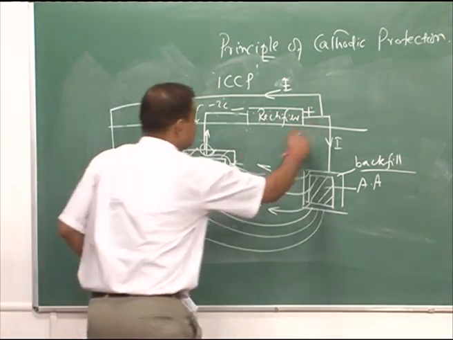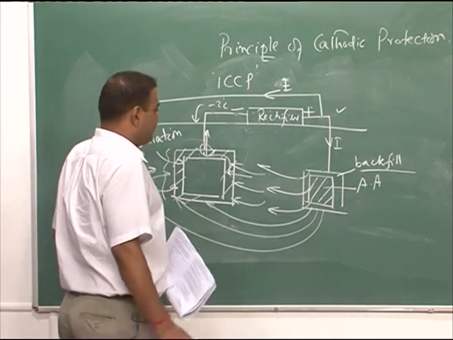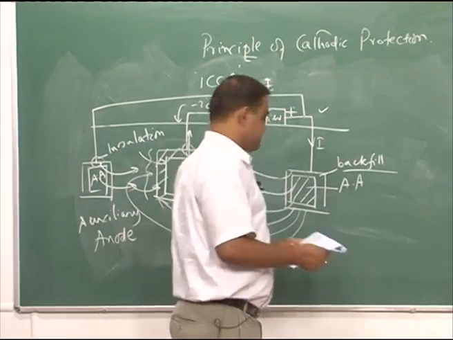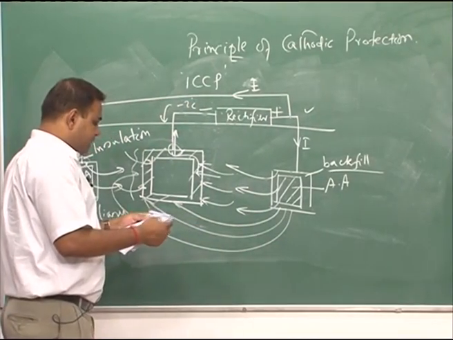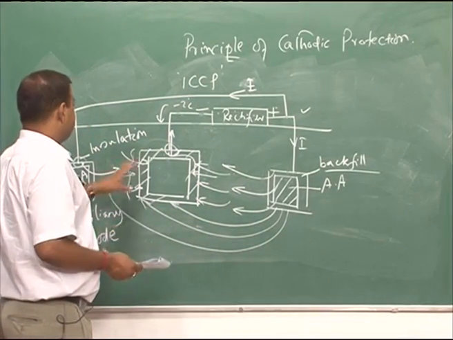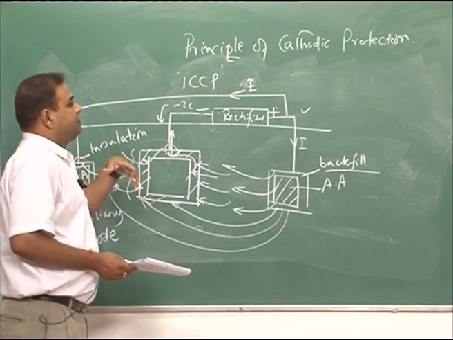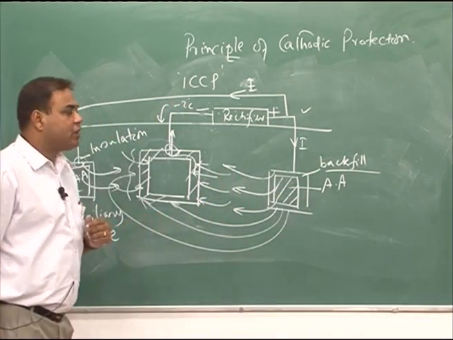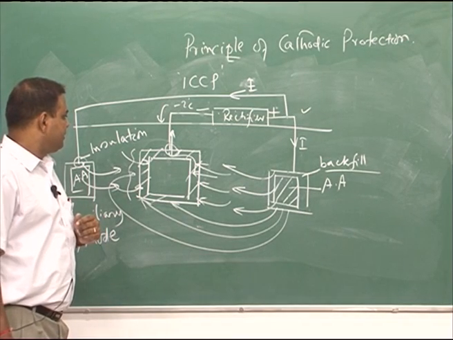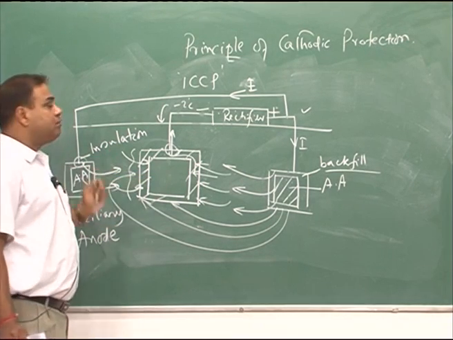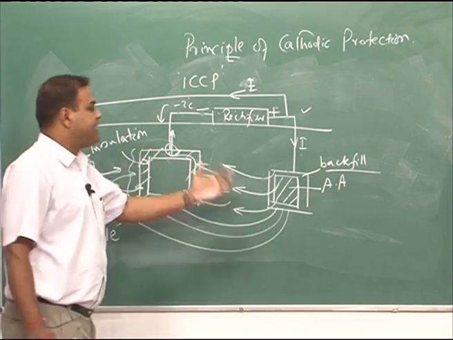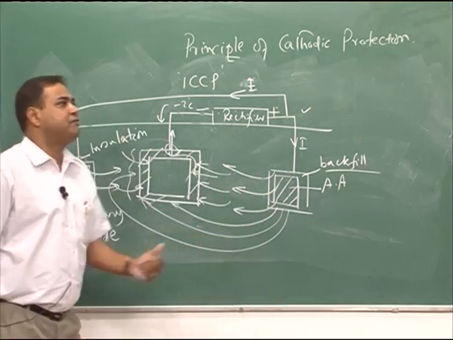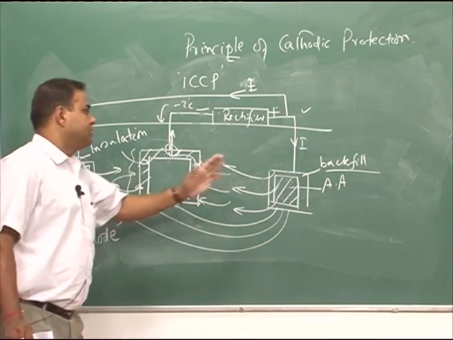Now, this is ICCP. ICCP has various advantages. The advantage is basically that it can serve longer protection. It can make it uniform. It is not dependent on the material, on the corrosion behavior or the corrosion rate of the anode material.